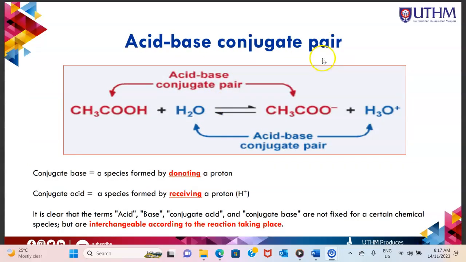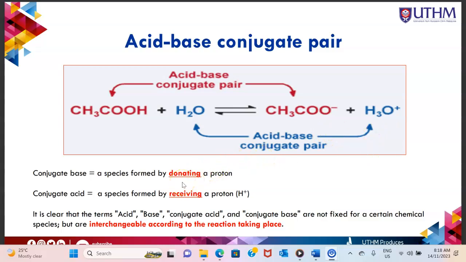As for the acid-base conjugate pair, we will have something like this. Acid-base, this is the conjugate pair, and acid-base water, and this is the conjugate pair. So a conjugate base is a species formed by donating a proton, and a conjugate acid is a species formed by receiving a proton.